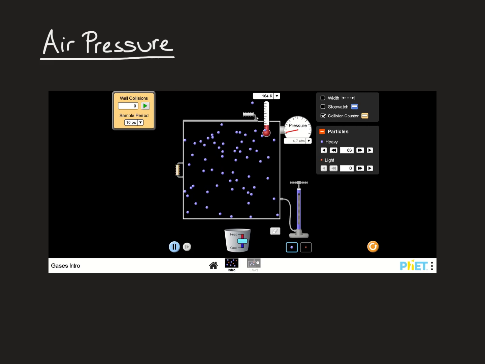So go and have a play with the PhET simulation and then maybe continue on to the explanations, because this is our base understanding of air pressure, but now we need to use it to explain different scenarios. So we need to make sure we're really happy with these ideas before we move on to the next part.